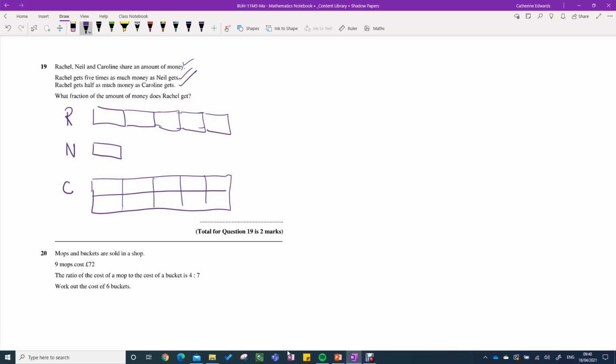What fraction of the amount of money does Rachel get? Well, Rachel gets 5 out of 1, 2, 3, 4, 5, 6, 7, 8, 9, 10, 11, 12, 13, 14, 15, 16. So she gets 5/16.